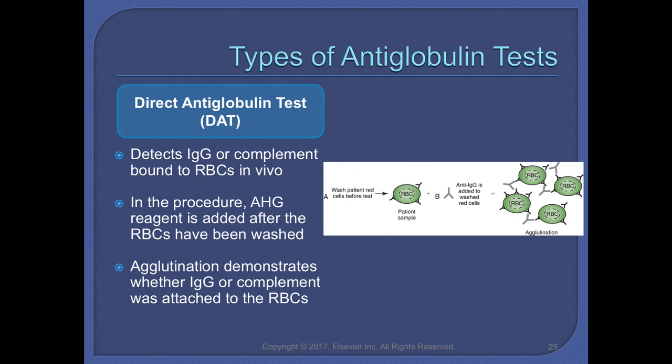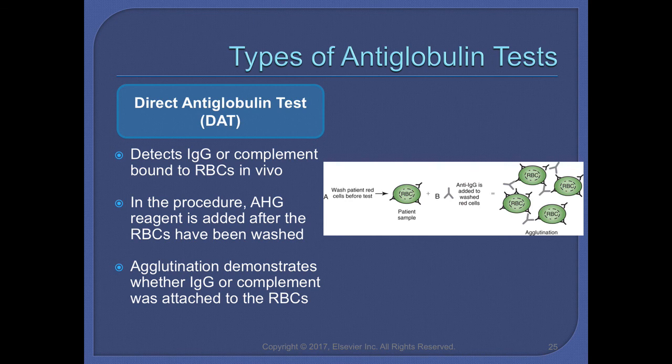Anything that occurs within the body is in vivo, so this is a reaction that has occurred in vivo. That is going to be very different from what goes on when we use the IAT, and I'll talk about that in the next slide.